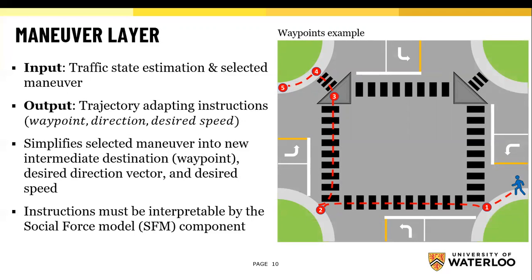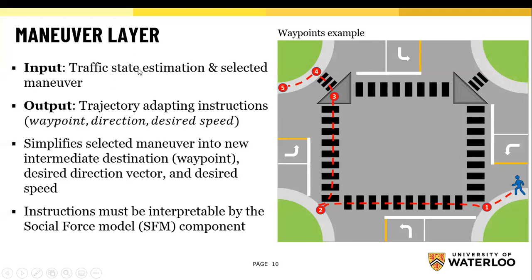Briefly, I have a waypoint example on the right-hand side here in the figure, because if you have a somewhat complex traffic environment like it's shown, it's not sufficient to pass the final goal point, which would be 0.5, to the motion planner layer, because there are intermediate points that the pedestrian must visit before even considering that point.